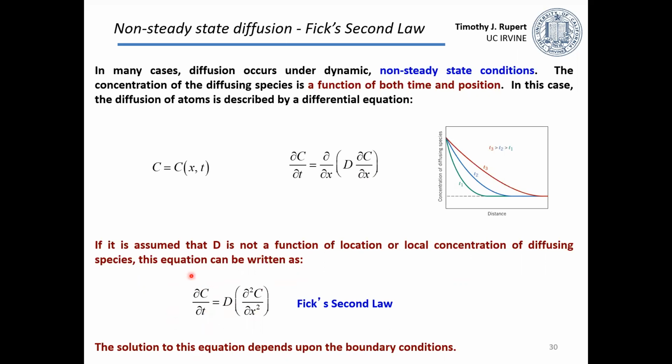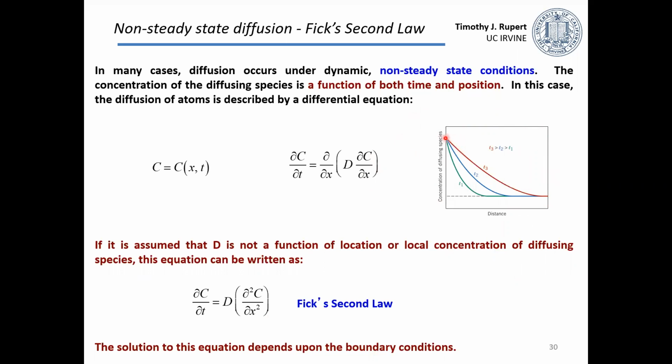It has a single derivative on the left and a second order derivative on the right, right? Now, what this is describing is really something that we can probably visualize anyways.